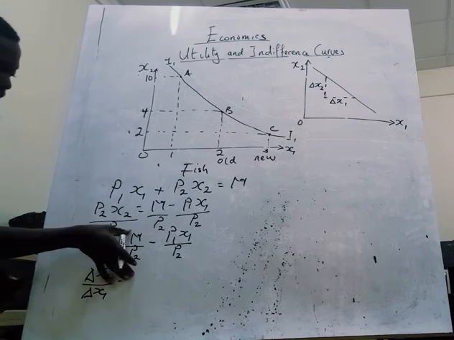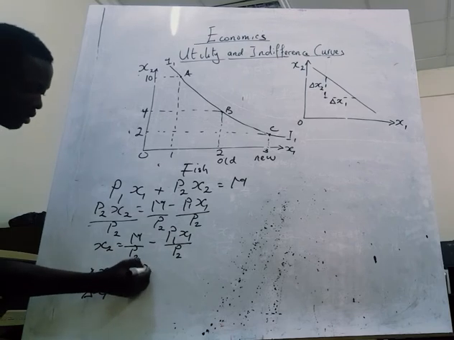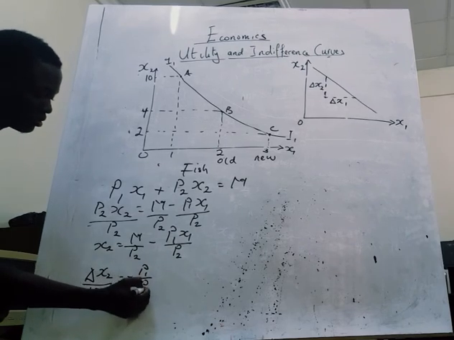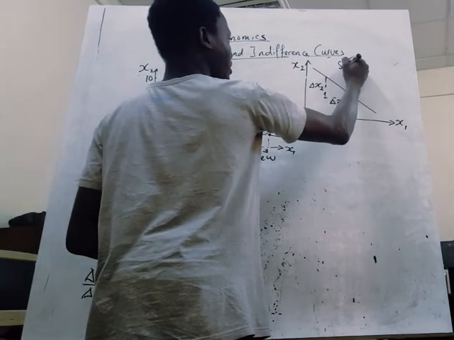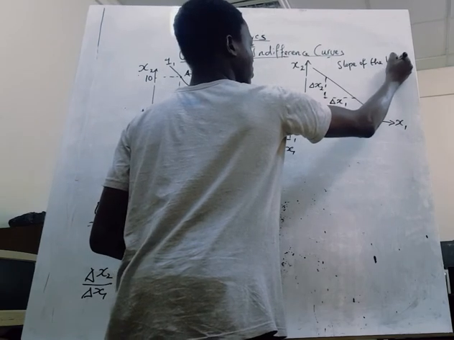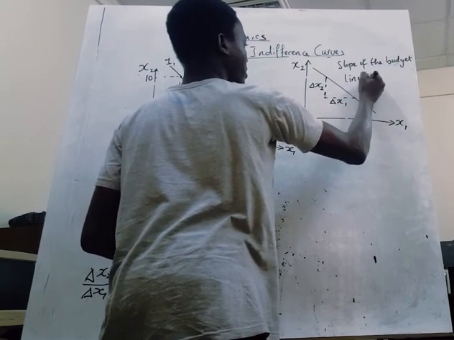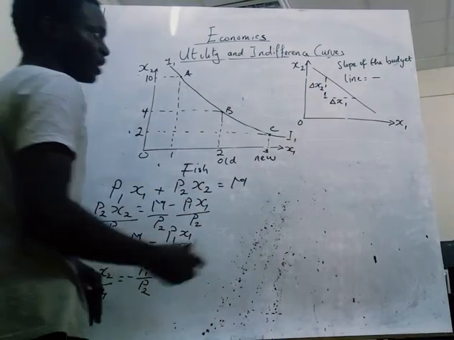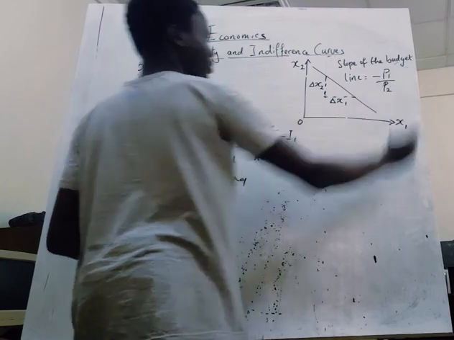There is no x1 in the first term, so this becomes 0, but there is x1 in the second, so this becomes minus p1 over p2. So this simply means that the slope of the budget line equals minus the relative prices of the two goods, p1 over p2.